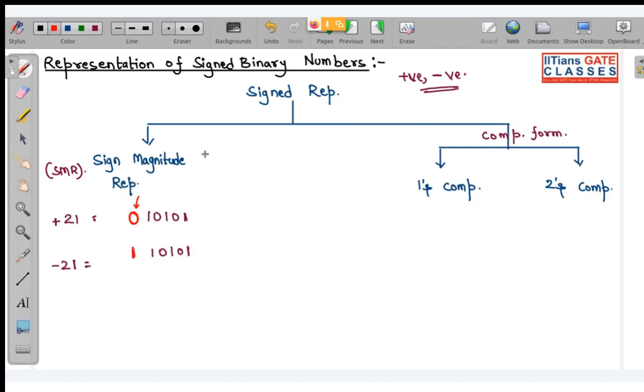So remember this, in sign magnitude or even in complement form, the leftmost bit represents your sign. So this is in signed representation of numbers: signed representation of one's complement, signed representation of two's complement, and sign magnitude representation.